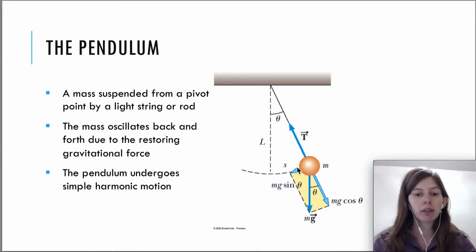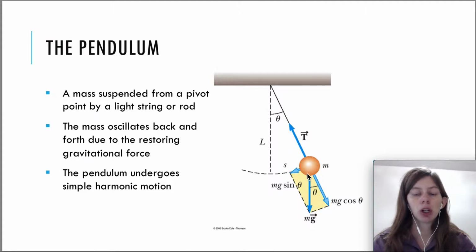The reason that it oscillates back and forth is due to the gravitational force. You can see in this picture that the gravitational force points downward, but the tension points upward along the string, but the motion is this way. So you can see that the tension is not responsible for motion that is perpendicular to it.